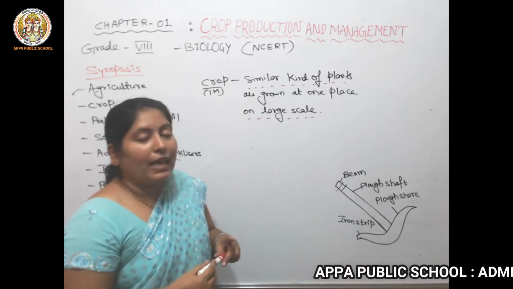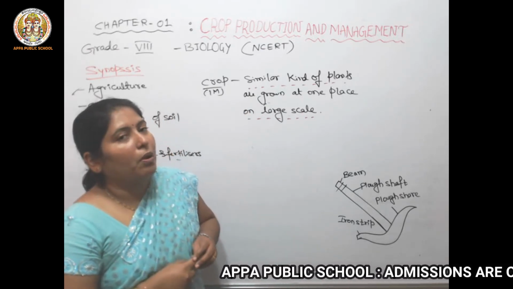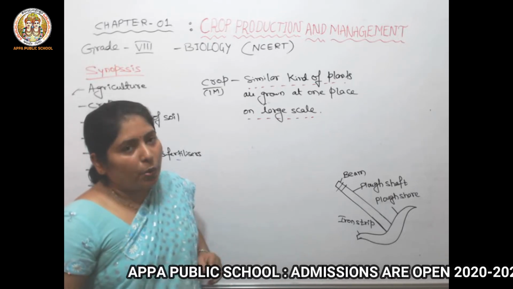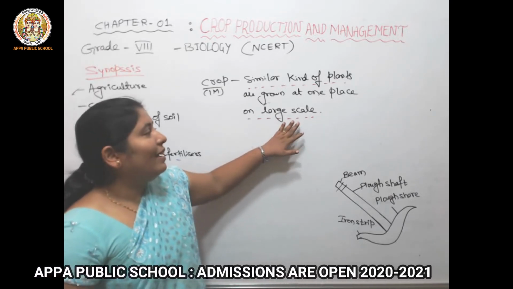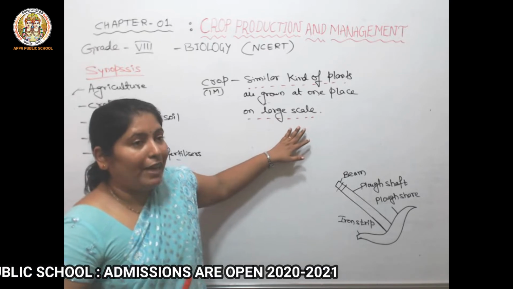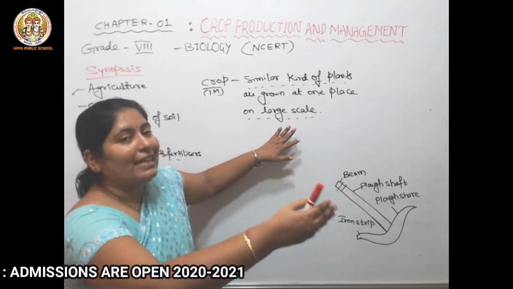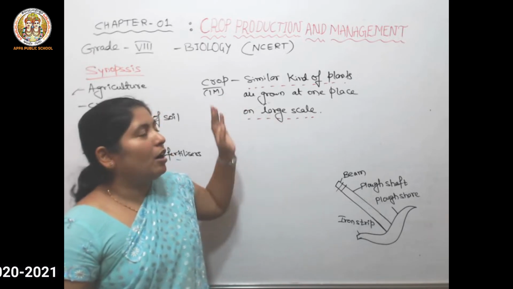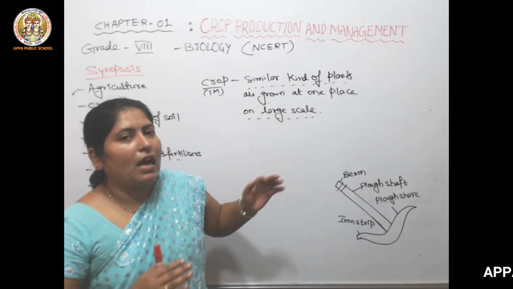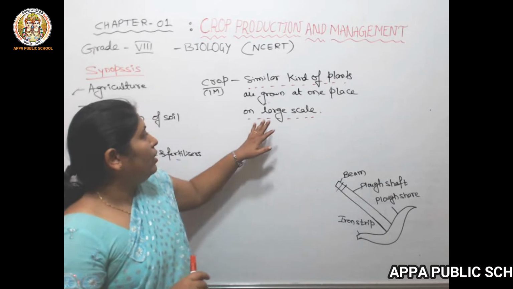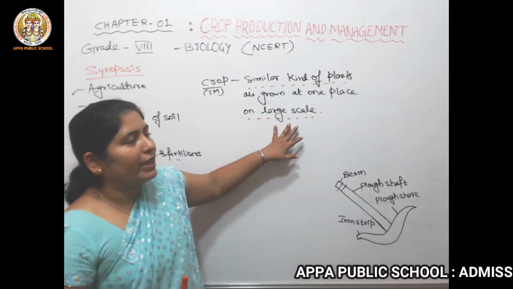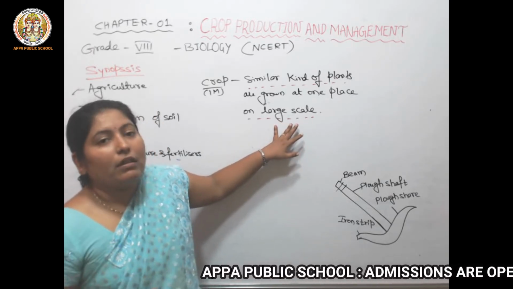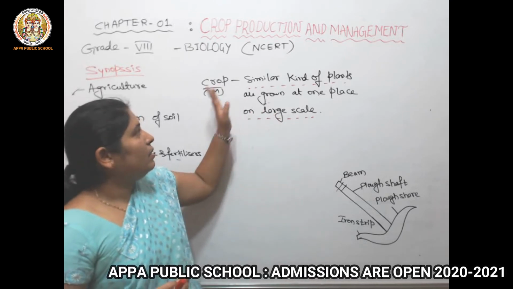That means a bulk amount of plants are grown there at a time. That's why we are using the words large scale. If we are sowing seeds or growing plantlets in our garden, then that is not called a crop or the agriculture process. That is just gardening. So on a large scale, if we are growing a huge amount of plants and extracting the grains from them, then that is called a crop.